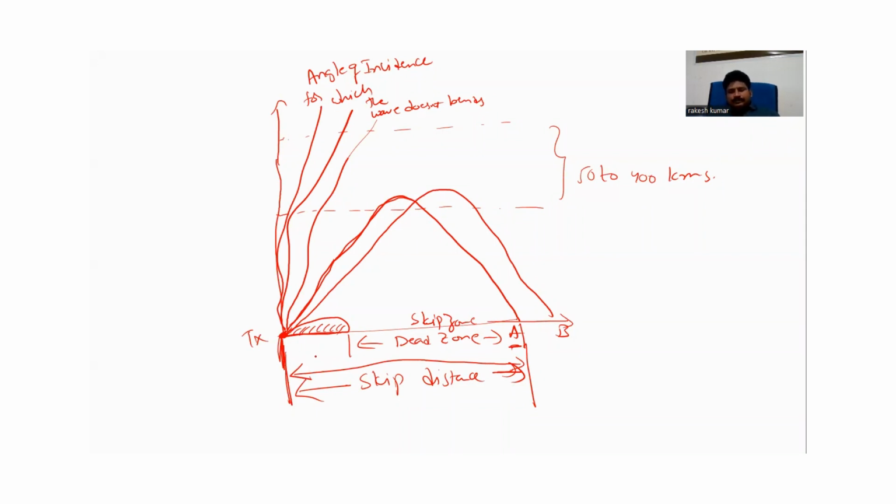Okay. So we know that we have calculated the formula for fmuf. fmuf by fc is equal to root of 1 plus (d skip by 2h) whole square, at d is equal to d skip. This is the thing we have derived earlier.